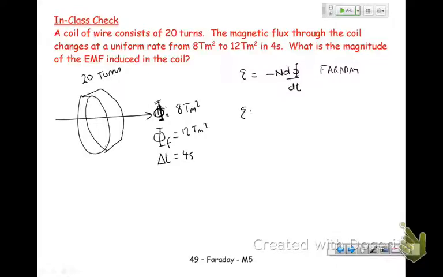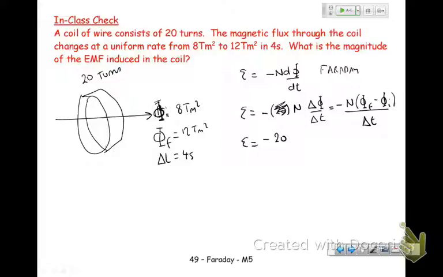So my EMF is equal to minus N delta phi by delta T. If it changes steadily, I can change my d's for deltas. This is minus 20 times phi final minus phi initial over delta T. Making this hard work, aren't I?